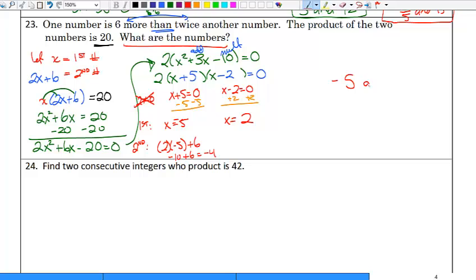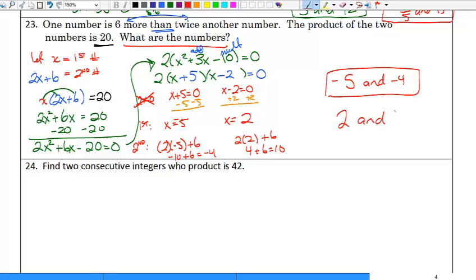So negative 5 and negative 4 are a pair of numbers. To get the next second number, if my first number is 2, the second number is 2 times that 2, more 6, so that's 4 plus 6, or 10. So positive 2 and positive 10 go together.